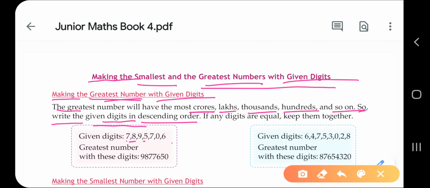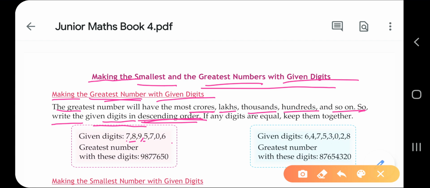So how will you form this? You can write this number in descending order. If you write this number in descending order, then obviously this number will be the largest number from the given digits. Okay, so this is 9 and 9 is the largest number in all given digits, so we will put it in the first place.